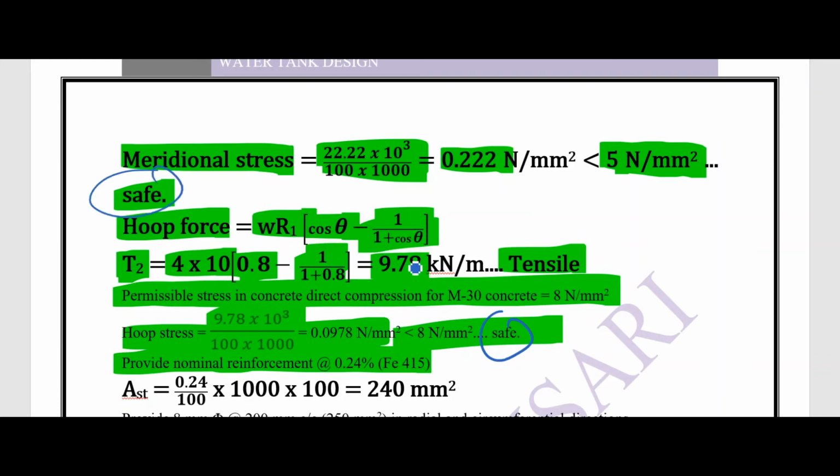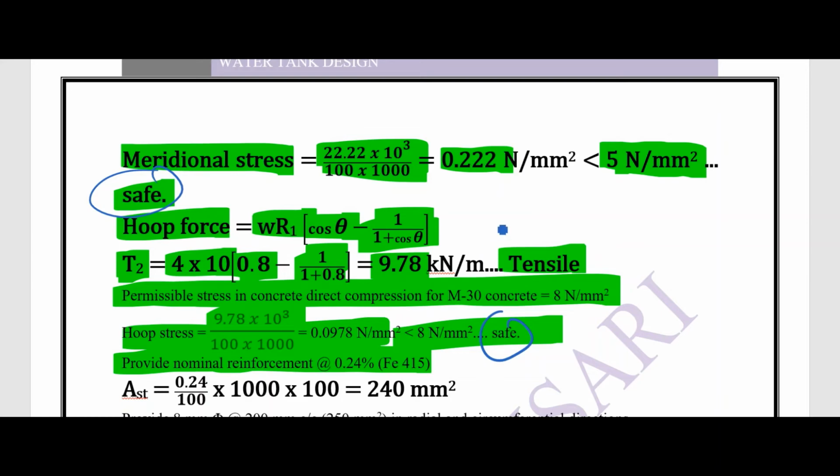So by this, you can see the hoop force and meridional stresses can be resisted by concrete only. So by this safe equation we can say the meridional stress and hoop force on the dome can be resisted by concrete only.